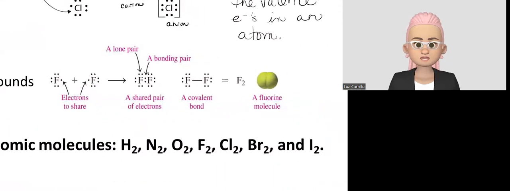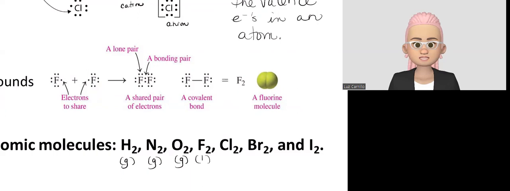I mentioned previously how there is a series of elements that are going to be found in diatomic form, and here you see them illustrated again. Hydrogen, which is mostly formed as a gas, that's why you see the symbol G in parentheses, is a diatomic molecule. Nitrogen, which is also a gas. Oxygen, which is a gas.